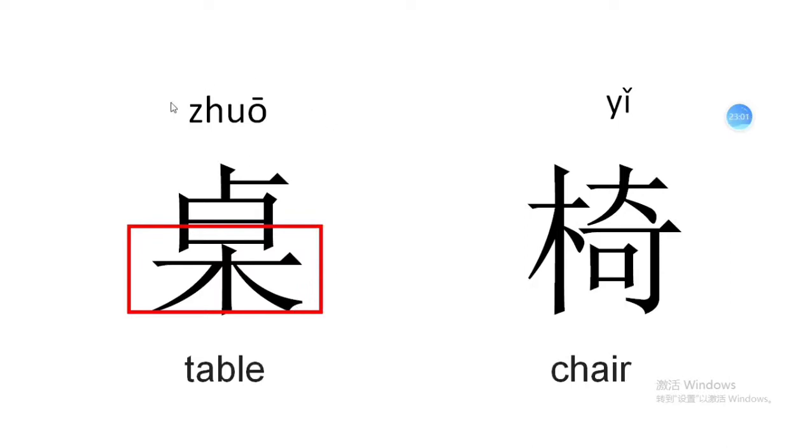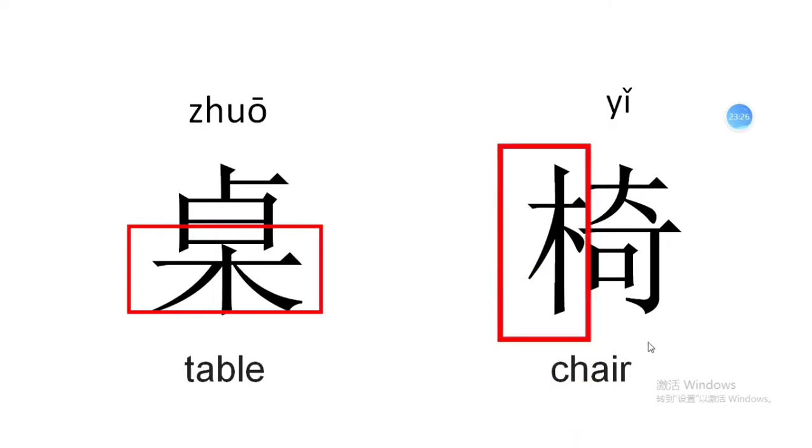And we borrowed pronunciation from this upper part. This upper part is pronounced as 桌. So here together, this table is pronounced as 桌 in Chinese, right? We borrowed meaning of the lower part, mu. We borrowed pronunciation of the upper part, 桌. Together, 桌. 桌 means table.